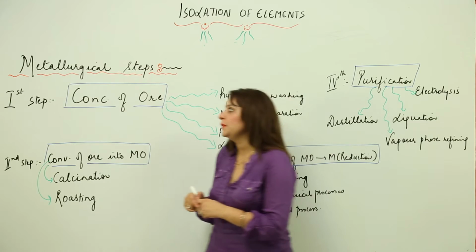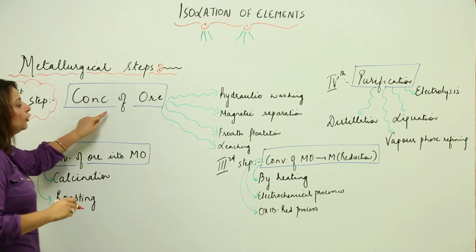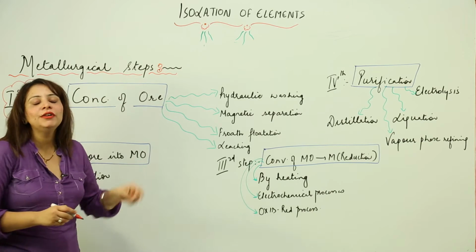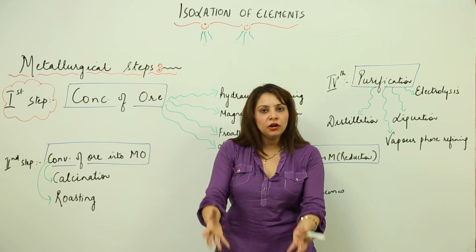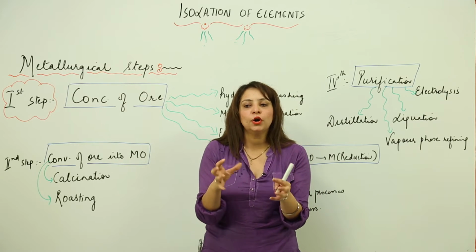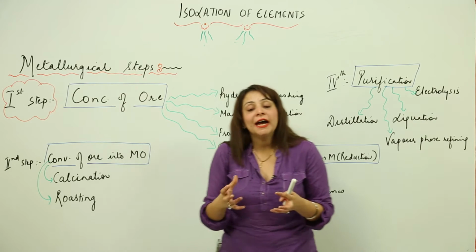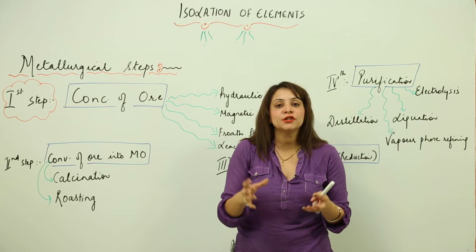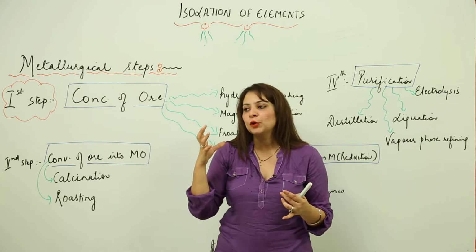The first step is concentration of ore. In this, suppose we get an ore from the earth's crust, and we see that the ore consists of clay, dust, insects, vegetation.